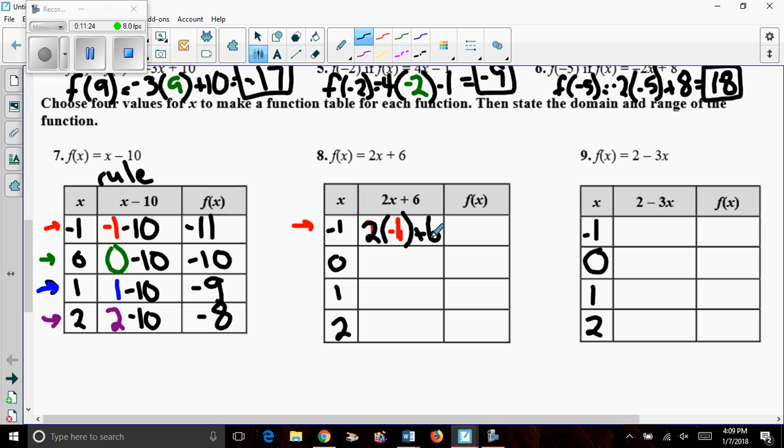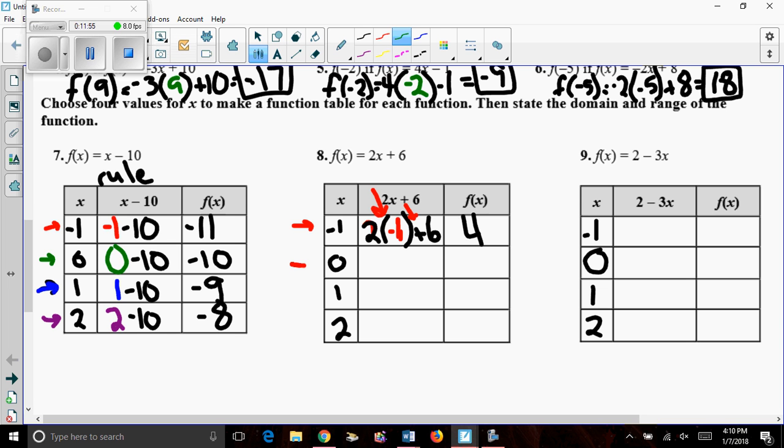Well, I know 2 times negative 1 is negative 2. So you check, what is negative 2 plus 6? We should get 4. So the order of operations here, I had to multiply before I could add.